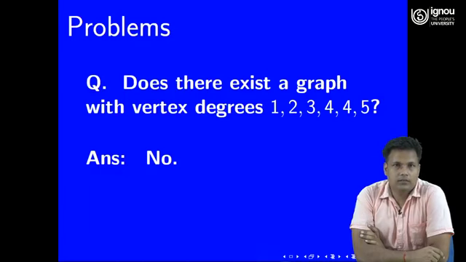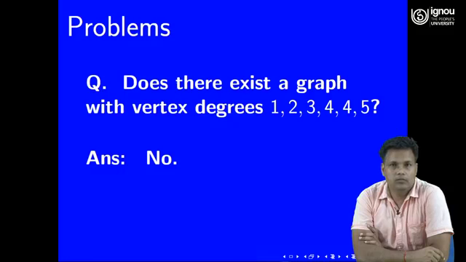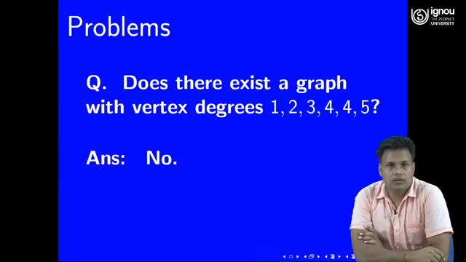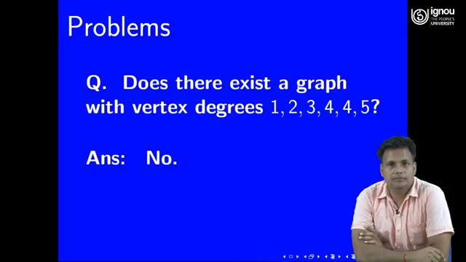Now let's look at some problems. Does there exist a graph with vertex degrees 1, 2, 3, 4, 4, 5? You can just look at only the vertices which have odd degree.